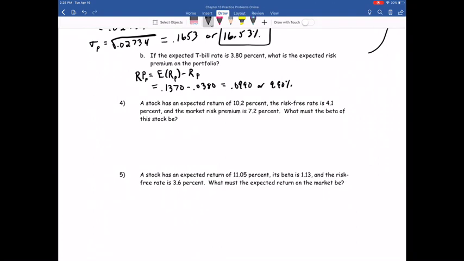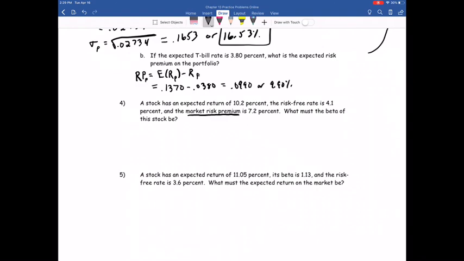So we're given the values for CAPM except for the beta of the stock. So if we substitute these values into the capital asset pricing model, we can then solve for the beta of this stock. One thing that we must keep in mind is that we are actually given the market risk premium, which is the expected return on the market minus the risk-free rate. So in regards to your capital asset pricing model, that is not something that we need to actually calculate. There's a difference between given the market risk premium and given the expected return of the market.